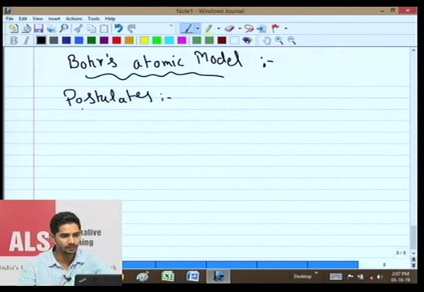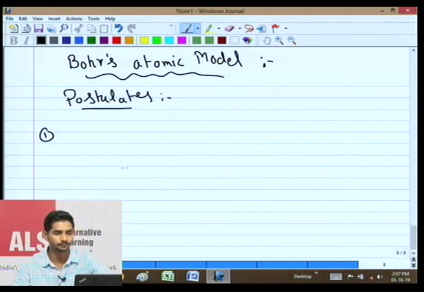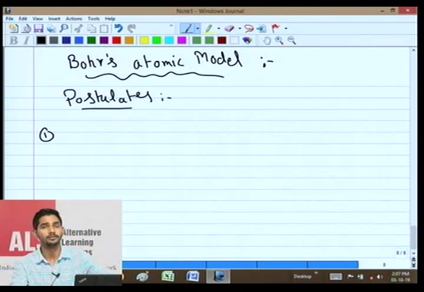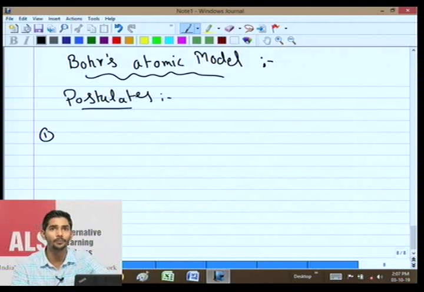You can copy with me. First, it states that the electron revolves around the nucleus in circular paths, and the circular paths are named as orbits.